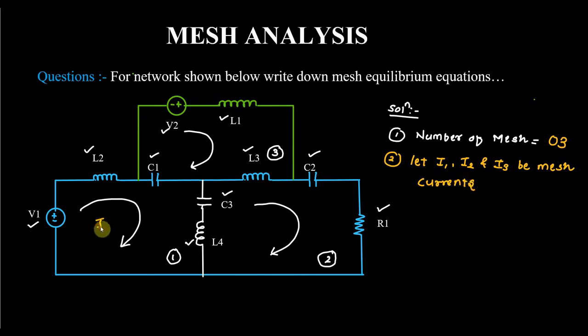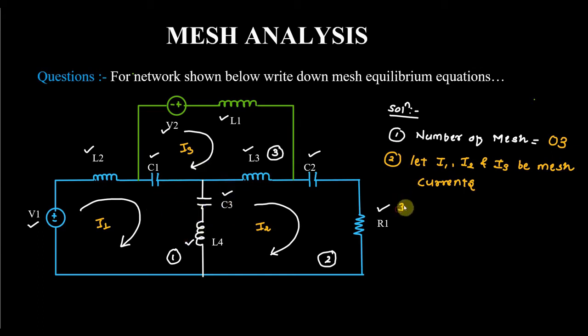In mesh 1 the current is I1, in mesh 2 the current is I2, and in mesh 3 the current is I3. I have marked all three currents here, and we have to write down the mesh equation for all these three meshes.